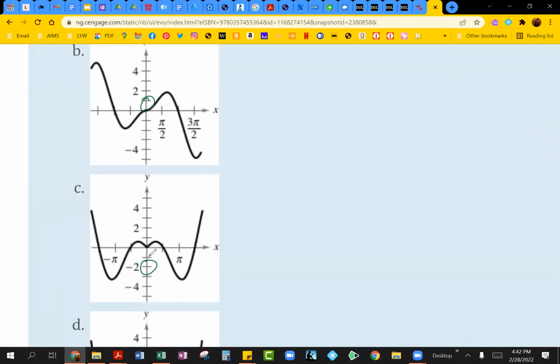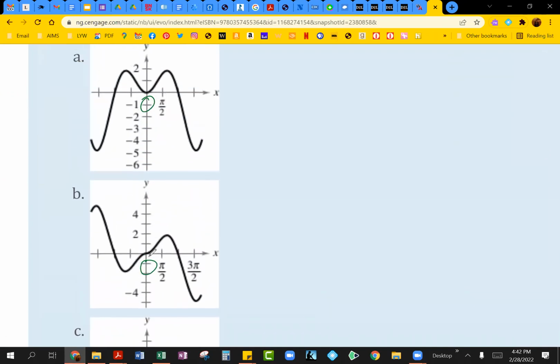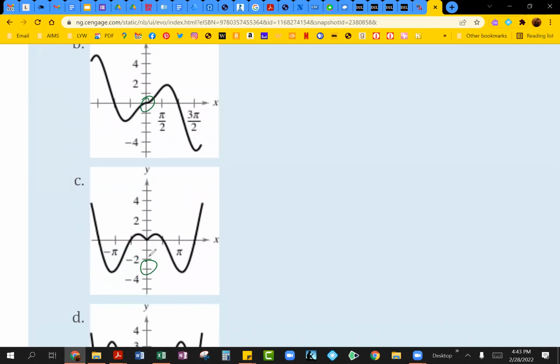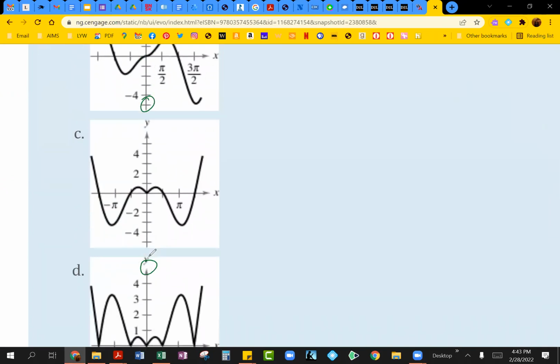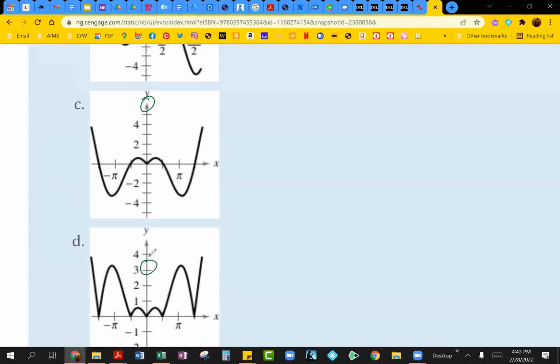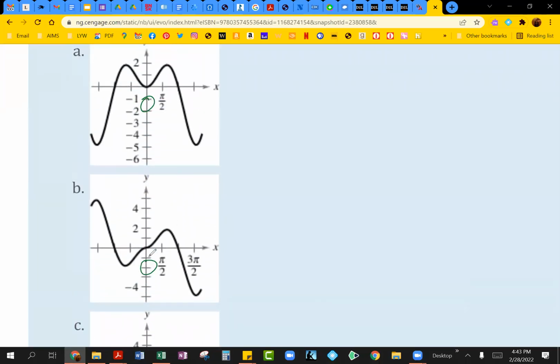And of course, in both cases, you can see when the x value is getting closer to 0, your y value is also getting closer to 0. That's true for graph C, and that's also true for graph D. So for all 4 of these functions, we can basically say as x gets closer to 0, your y value is also getting closer to 0.